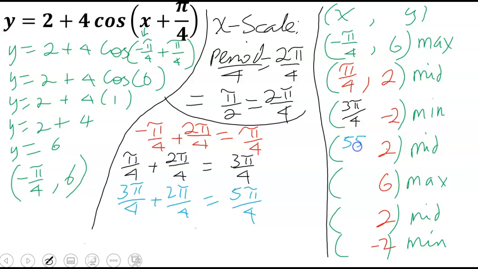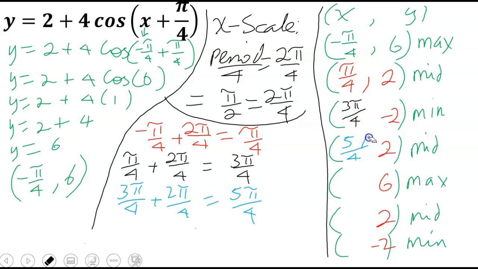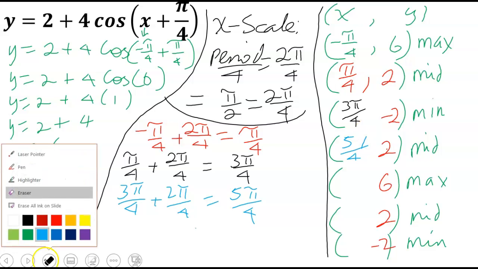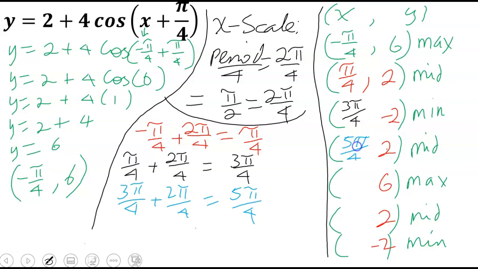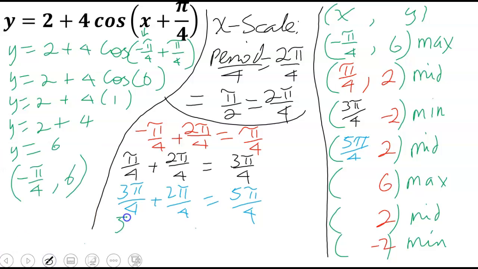Oops, make it tidy. Okay, so if we take 5 pi over 4, we add on 2 pi over 4, that will be 7 pi over 4.